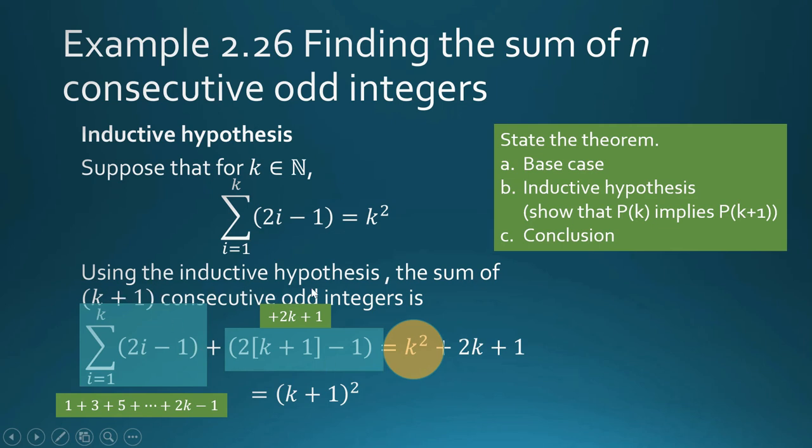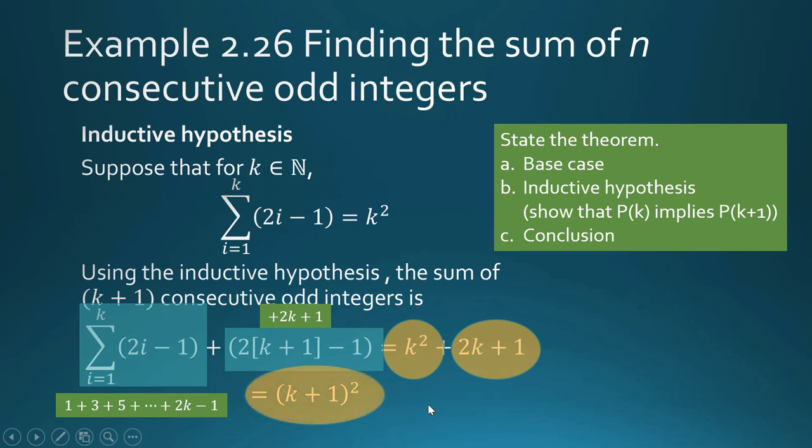That's why using the inductive hypothesis, this part is equal to k squared. Your inductive hypothesis supports this part of the statement. And then 2k plus 1, you are just adding the next odd integer. And you know what? This is actually the square of a binomial. It is equal to the square of k plus 1.